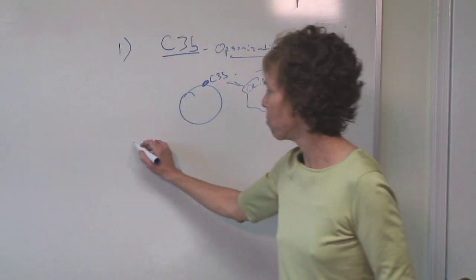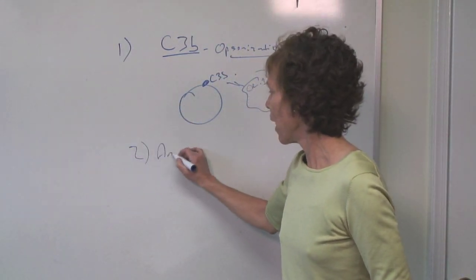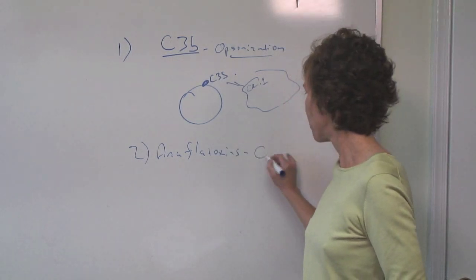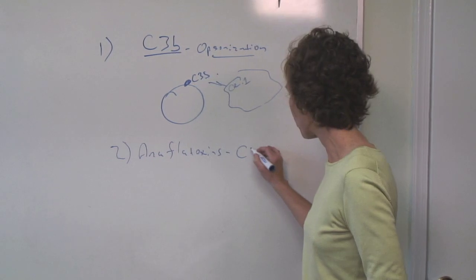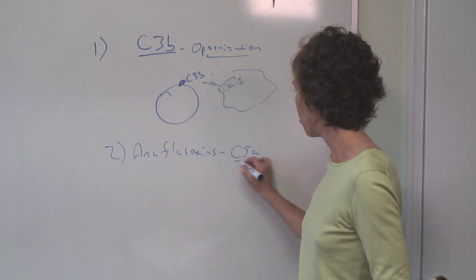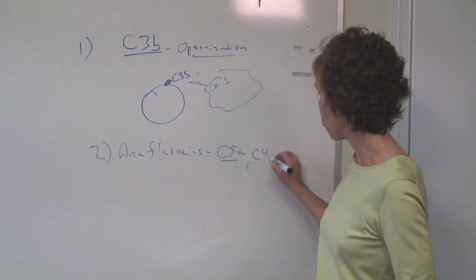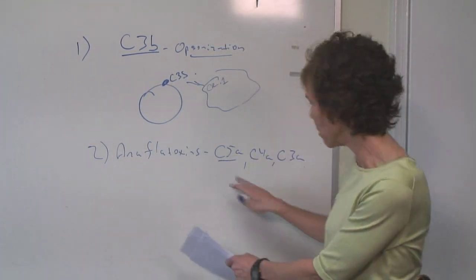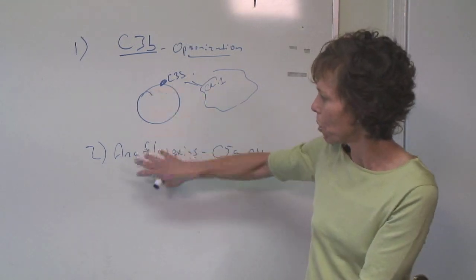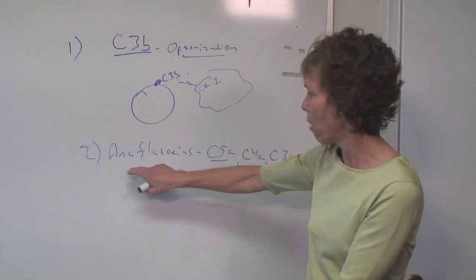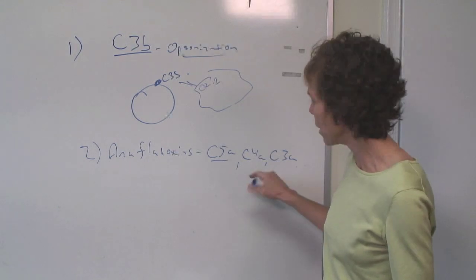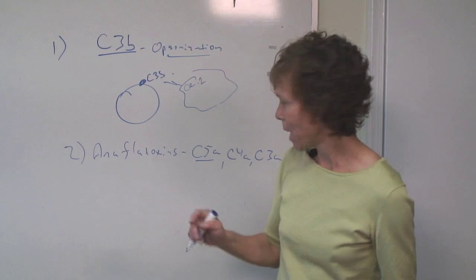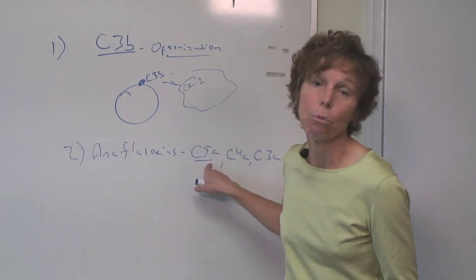The other that we talked about yesterday as well were called anaphylatoxins. We talked about C5a in particular, and we also have C4a and C3a. We're going to go through how you end up getting these little molecules in a minute, but I just want to give you the roadmap first. Mast cells and basophils have receptors for C5a, C4a, and C3a.